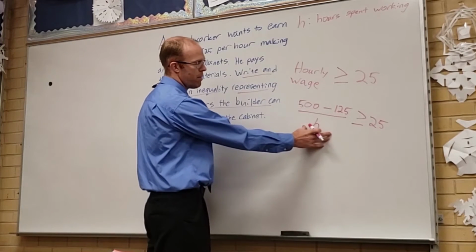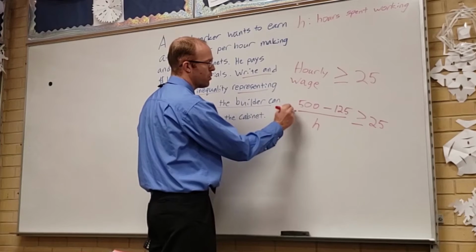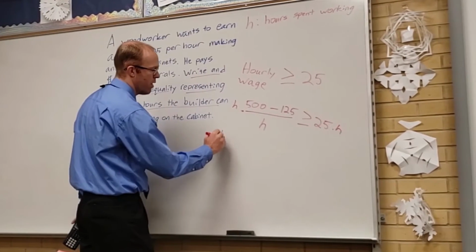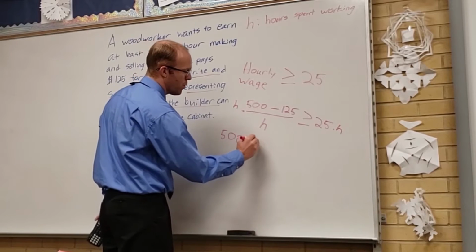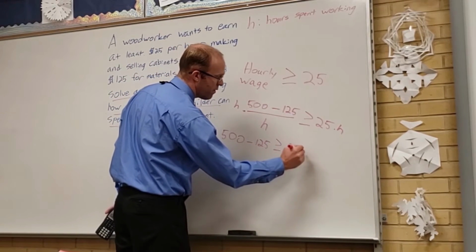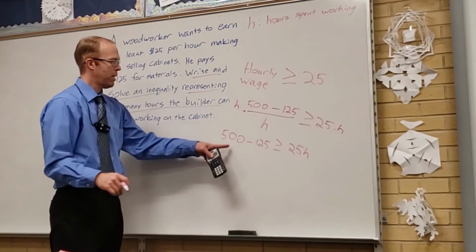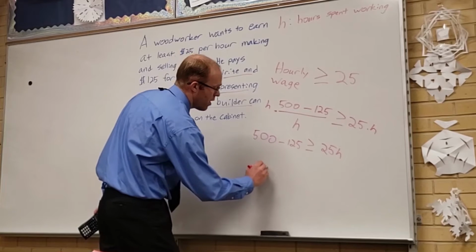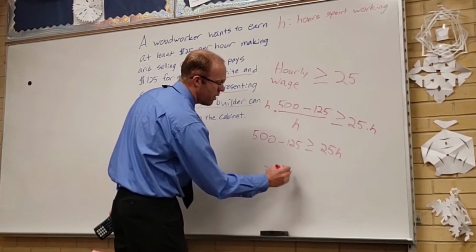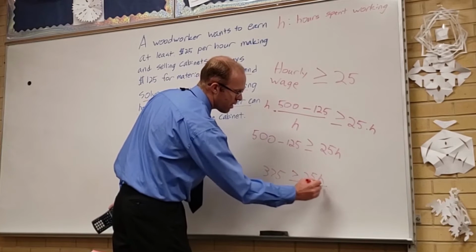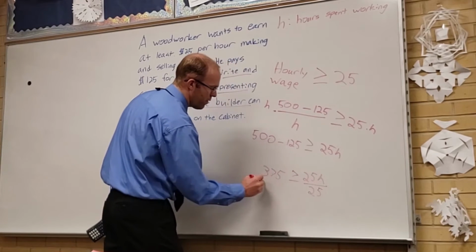Now H is in our denominator. Let's get it out. So we're going to multiply by H. Multiply the other side by H. That gives us 500 minus 125 needs to be greater than or equal to 25H. When we combine those two together, 500 minus 125 gives us 375. We need that to be greater than or equal to 25H, and we'll finish this out by dividing by 25.